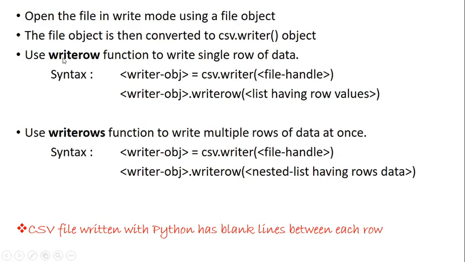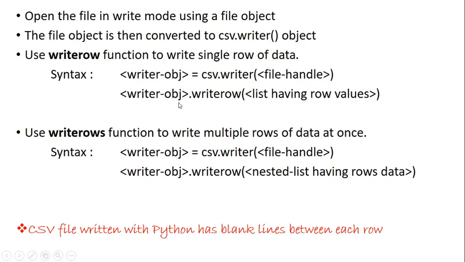When I am using writerow, the syntax is writer object, this could be any name, is equal to, the file handle will be converted into a writer object using this statement: writer object is equal to csv.writer(file handle). This is the file handle that I used to open my file.